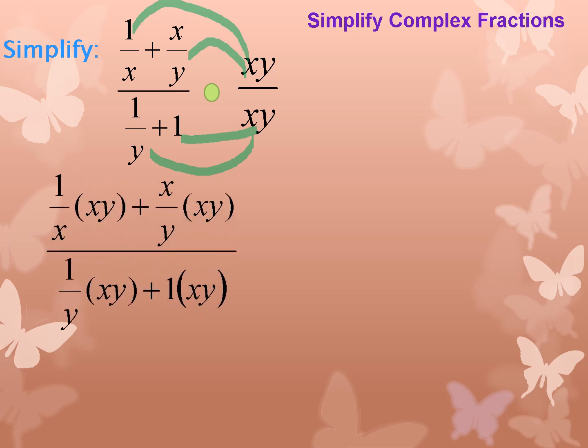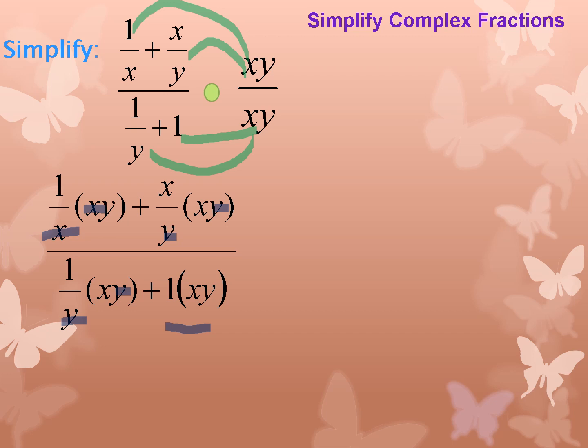There it is. As you can tell, I've distributed xy to each part. Now, watch what happens. Right here, this x cancels out with that x. This y on the bottom cancels out with that y. This y cancels out with this y. And there's nothing to cancel out right here at all. Now I'm going to simply write what I have left.